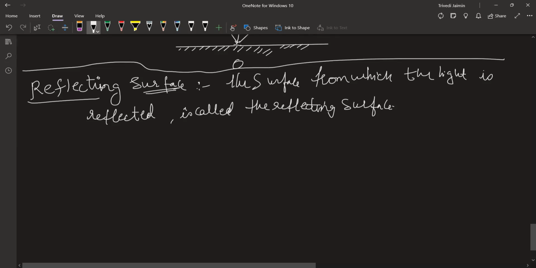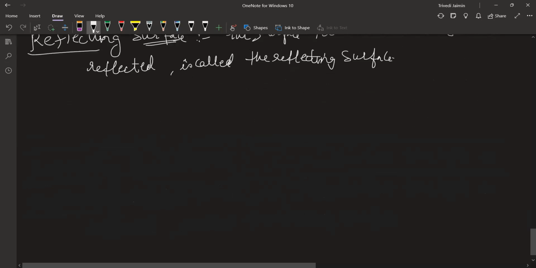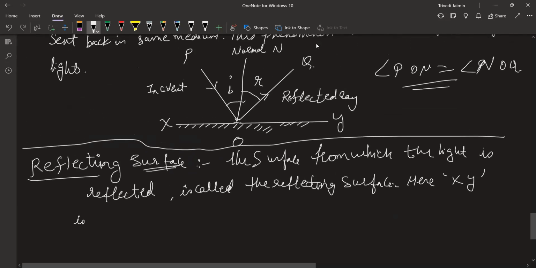Here, let's name it, what shall we give as a name? PQ, or XY. XY is the reflecting surface.